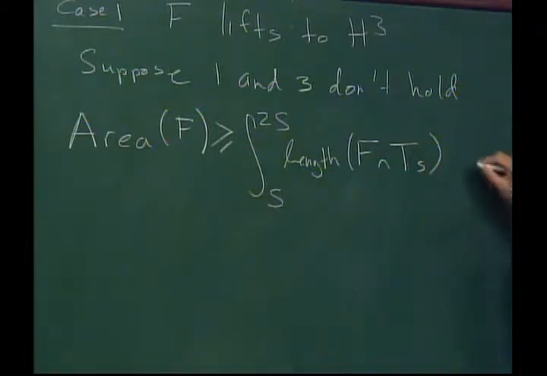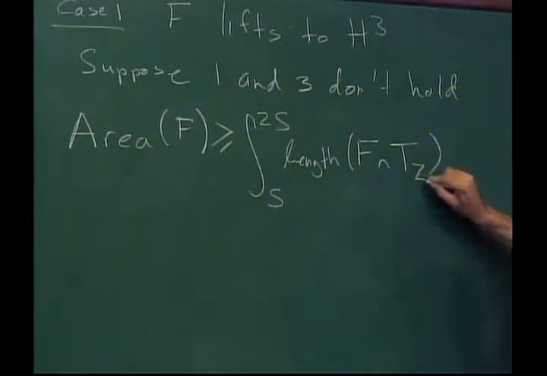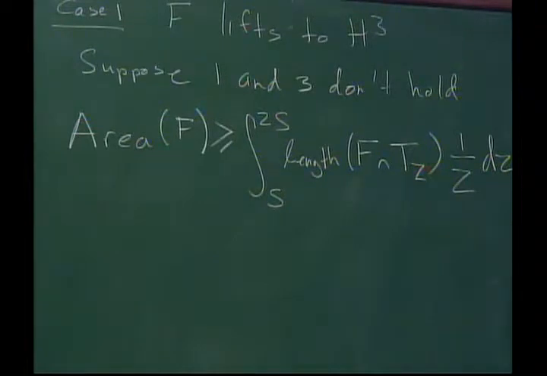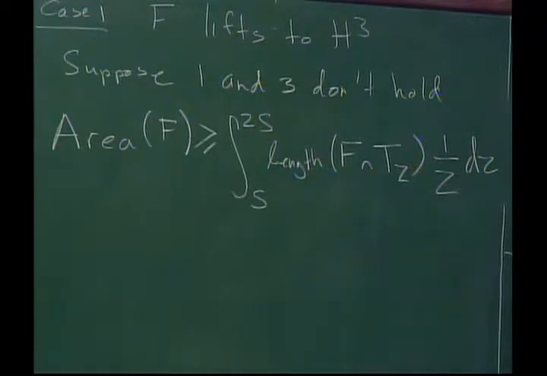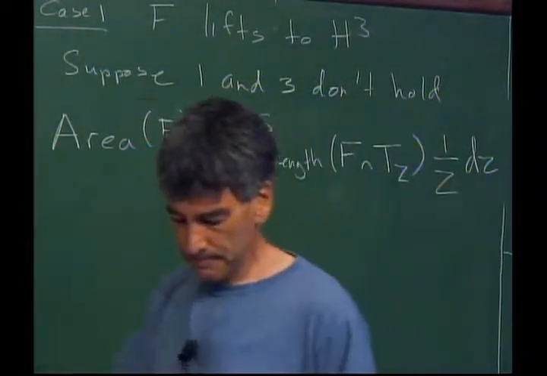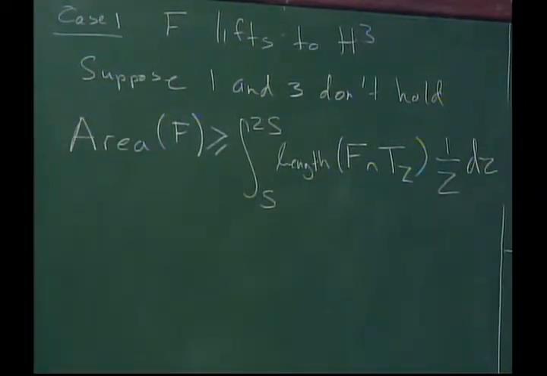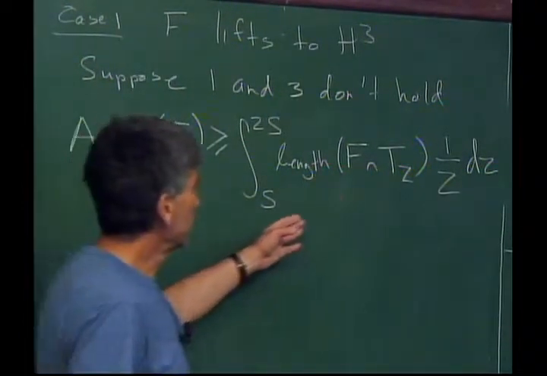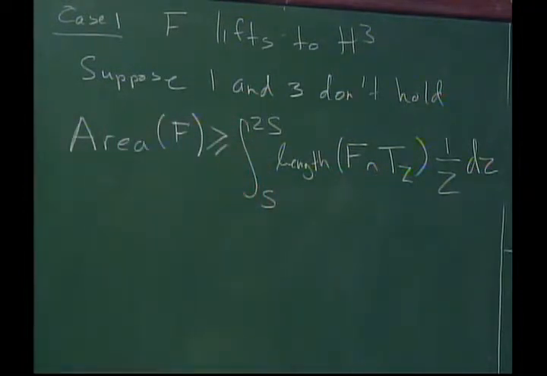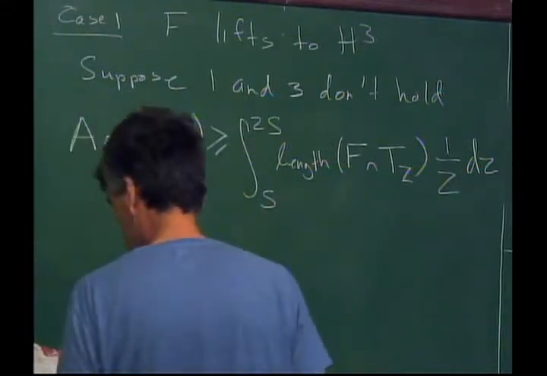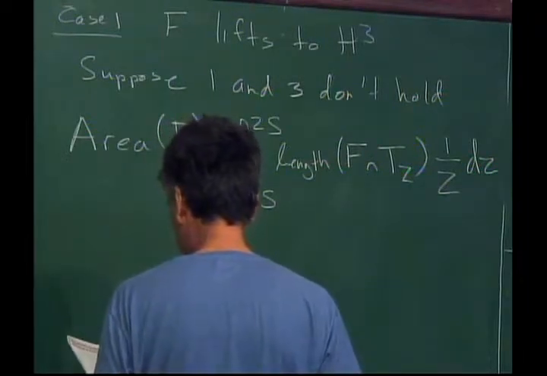And then in the upper half space, let's call this Tz, and then we use the metric in the upper half plane model to compute the formula for the area. So this inequality is known as the co-area formula. It would be equality if this was perpendicular to these tori, but in general it's an inequality. You might have more area than you get by integrating this.